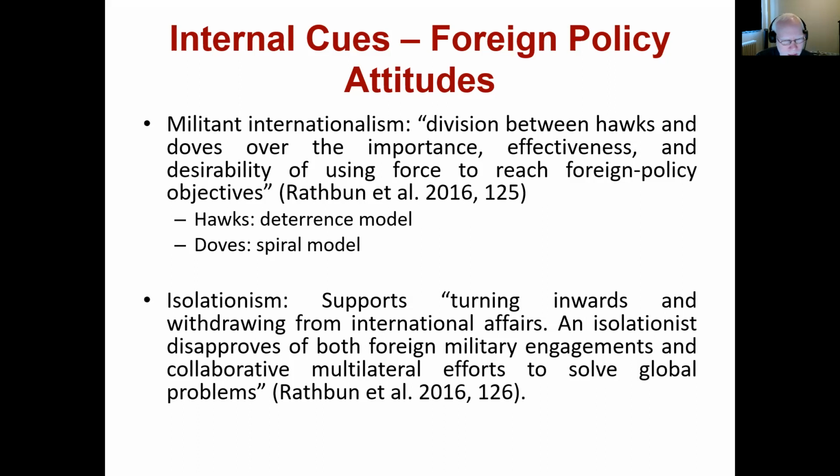And then finally, isolationism. So it supports turning inwards and withdrawing from international affairs. An isolationist disapproves of both foreign military engagements and collaborative multilateral efforts to solve global problems. So this is someone who believes that the state should be just focusing on its own internal problems and really disengaging from other countries except when necessary.